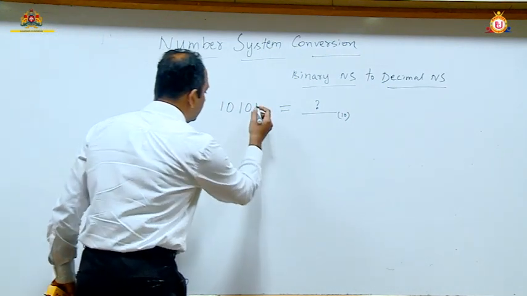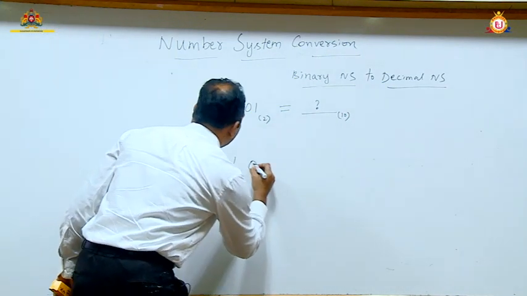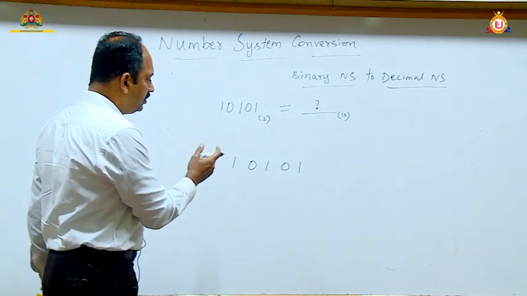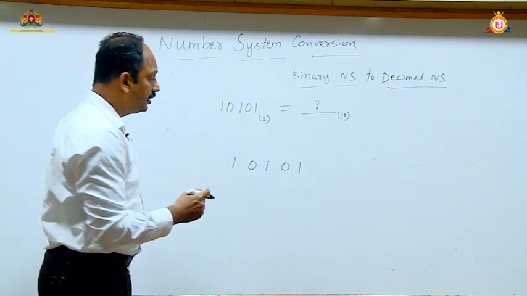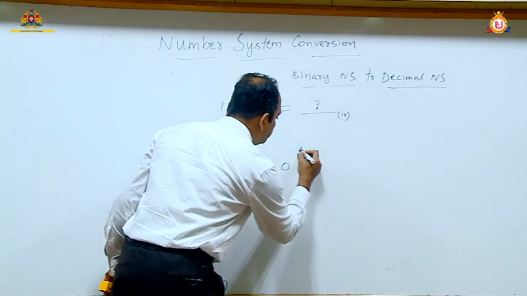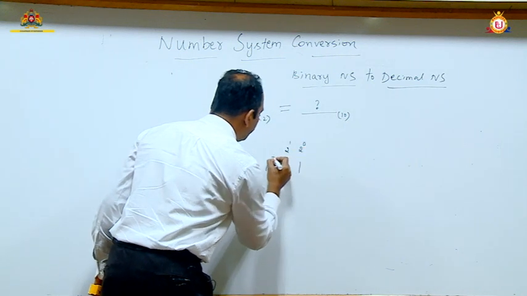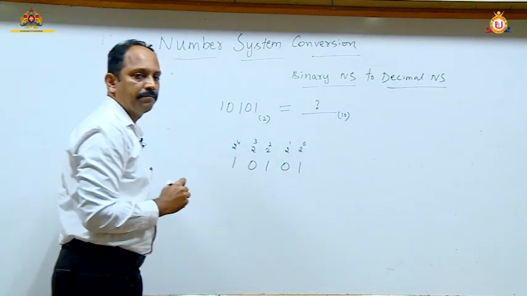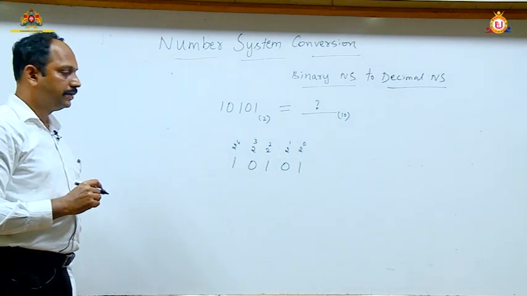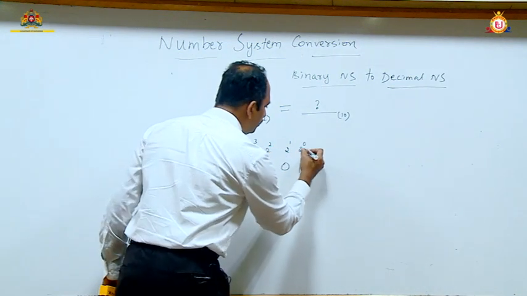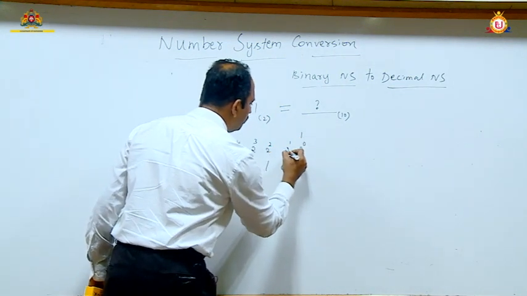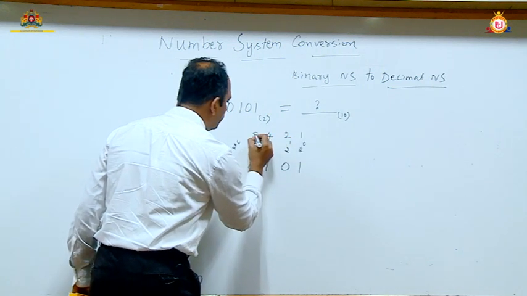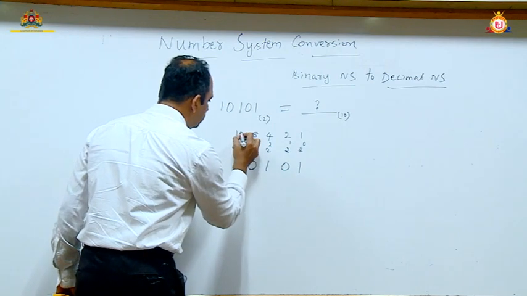That is, see, 10101. What is its position in the position number system? This is 2 to the power of 0, 2 to the power of 1, 2 to the power of 2, 2 to the power of 3 and 2 to the power of 4. Okay. What is 2 to the power of 0? 2 to the power of 0 is 1, 2 to the power of 1 is 2, 2 to the power of 2 is 4, 2 to the power of 3 is 8, 2 to the power of 4 is 16.